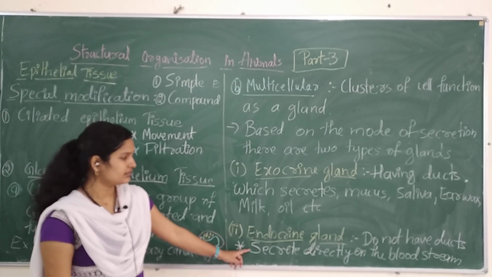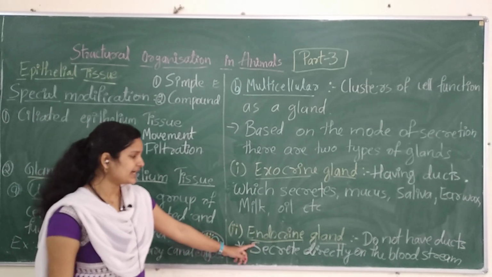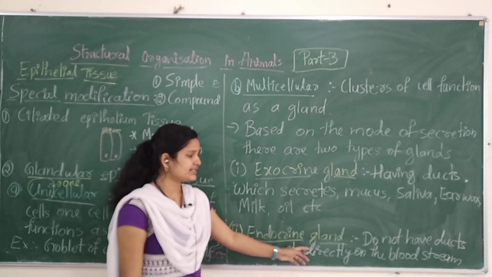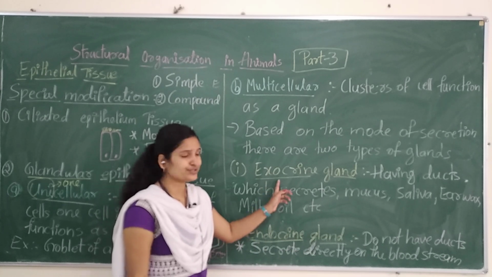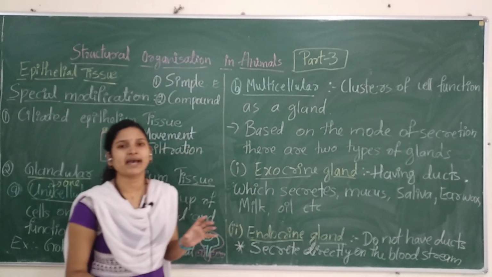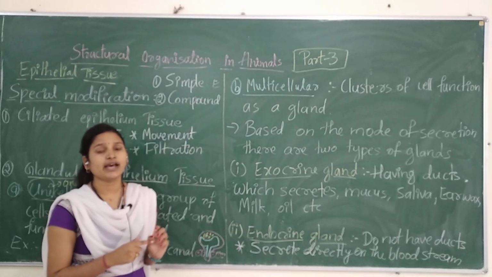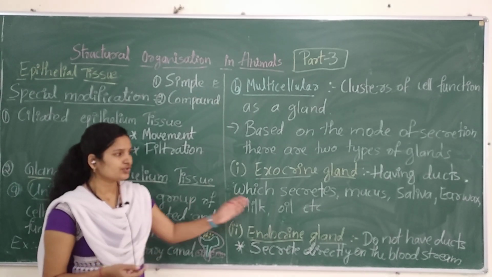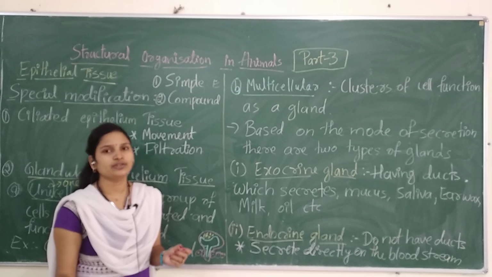Please try to understand that endocrine glands don't have ducts, so they are called ductless glands, whereas exocrine glands have specific ducts for the movement of the substance, so it moves in that particular path only.